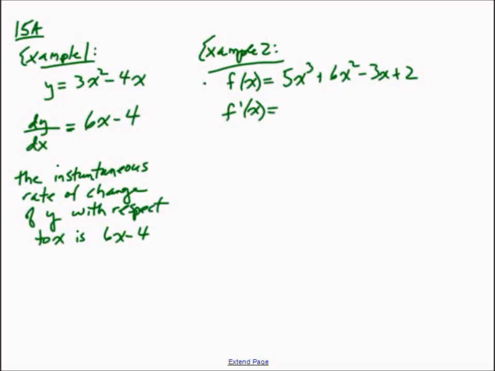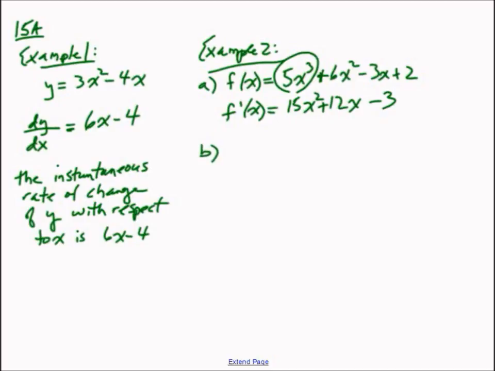There's two parts to example 2. This is the first part. So take the derivative of the first term, so 15x squared. Add it to the derivative of the second term, so 12x. Add it to the derivative of the third term, negative 3. And the derivative of the last term is 0, so we don't need to put it in there.